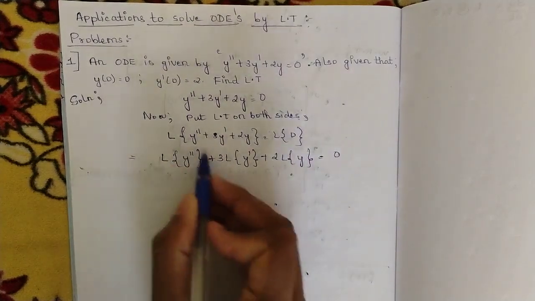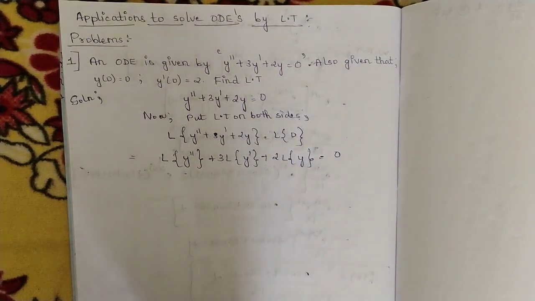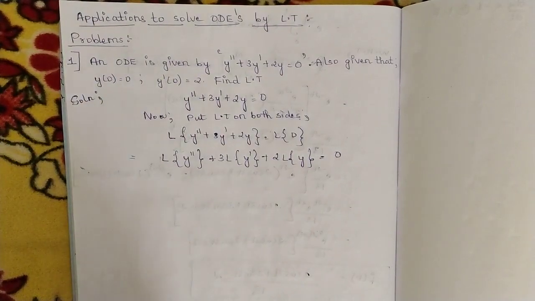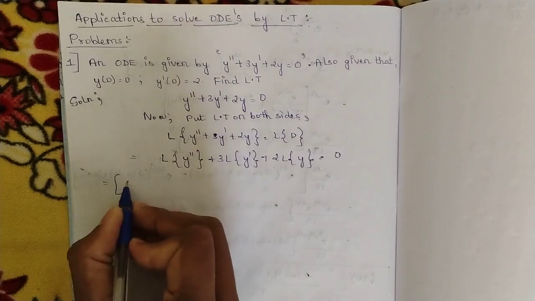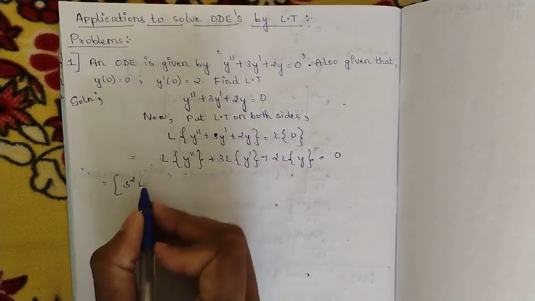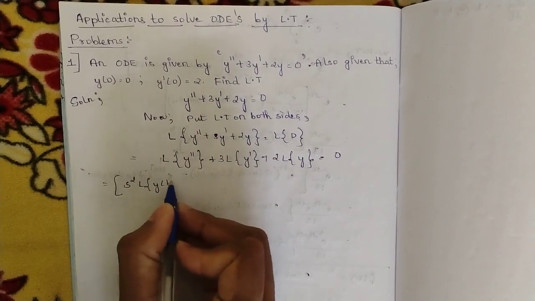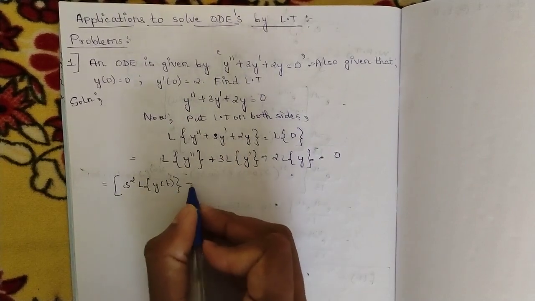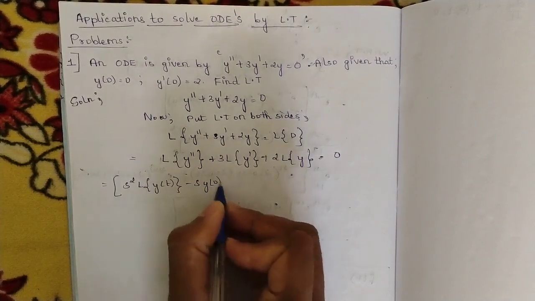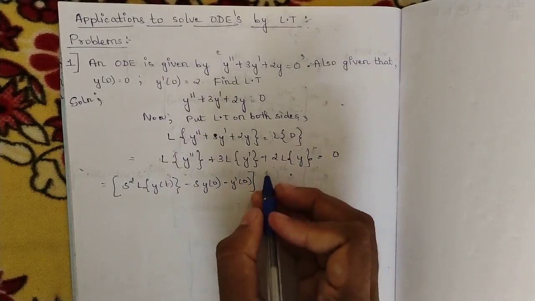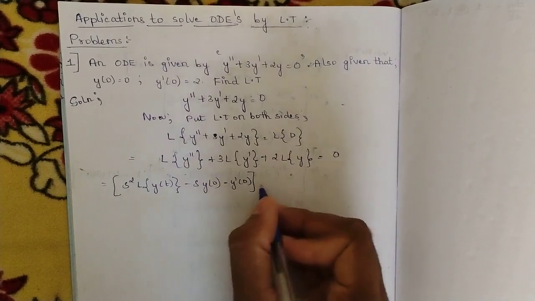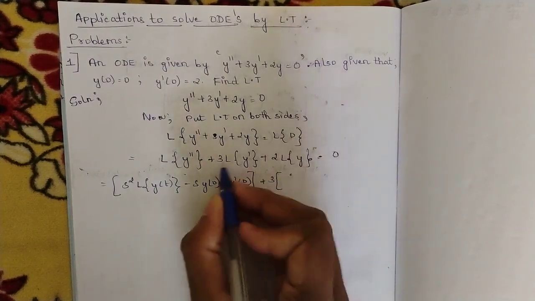Now what is L of y double dash, according to the applications which I have discussed right now? It is given by s square into L of y of t minus s into y of 0 minus y dash of 0, plus 3 into L of y dash.